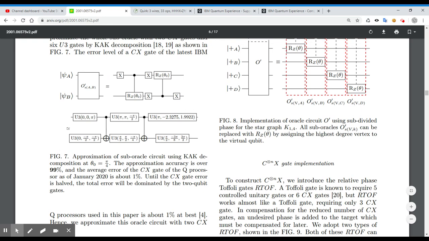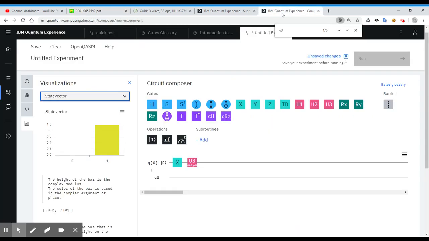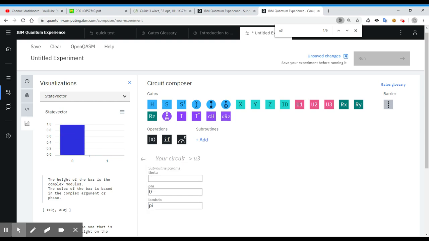That's a Z gate. Pi minus pi divided by 2.